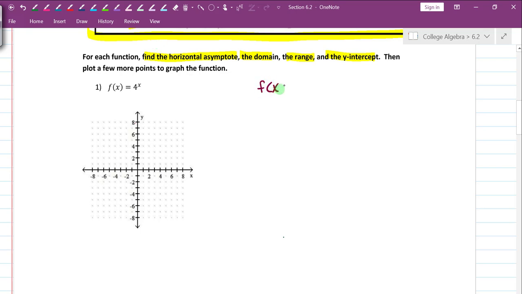If I have f(x) = 4^x, you're going to notice first off, let's look at our b. Our b is equal to 4. 4 is greater than 1, therefore I have an increasing function.